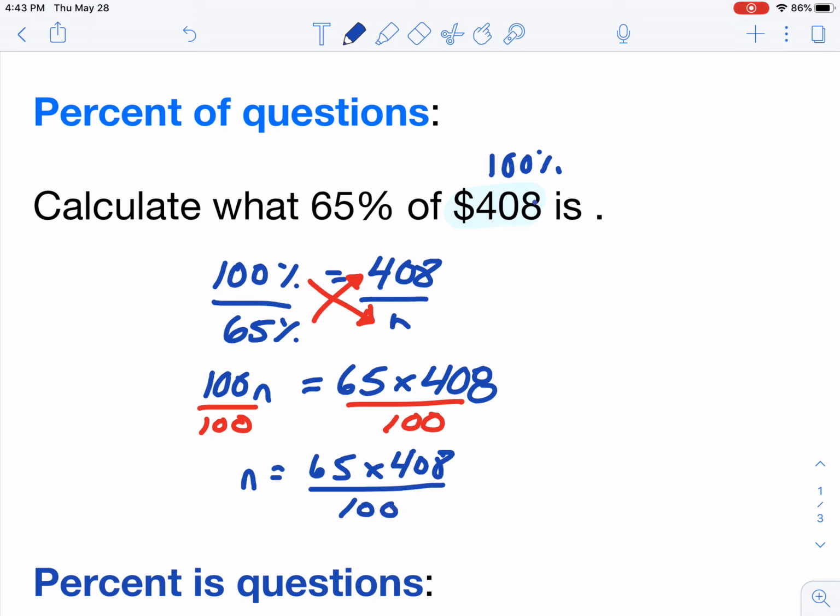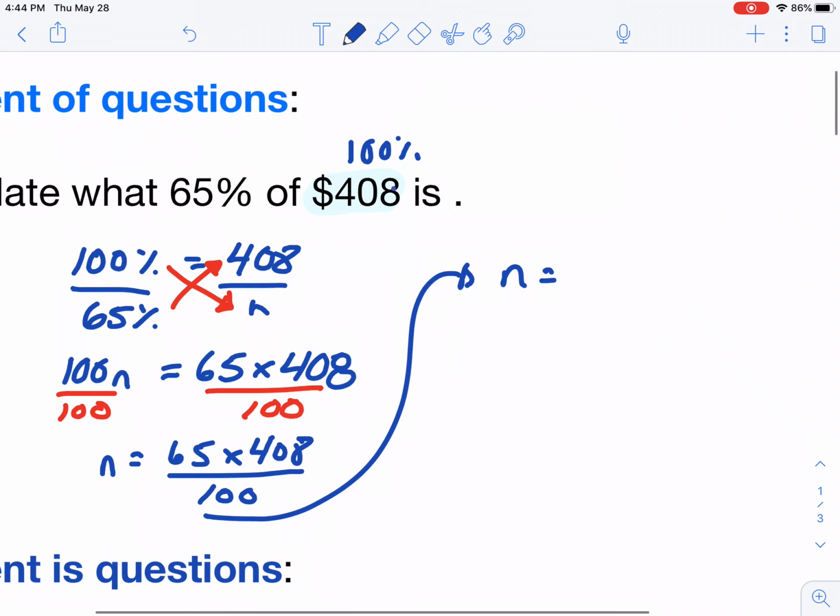So when I do the math, I'll just finish it up over here. N is equal to, multiplying it through, 65 times 408 divided by 100 gives me a value of 265.2. I do just want to take a second and emphasize 265.2.